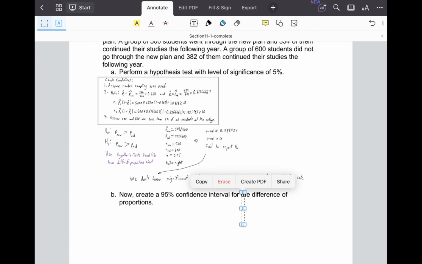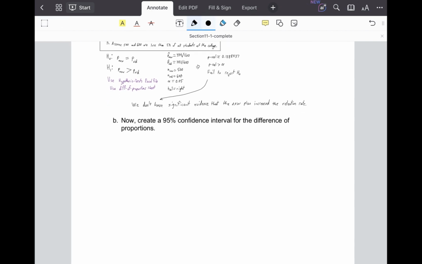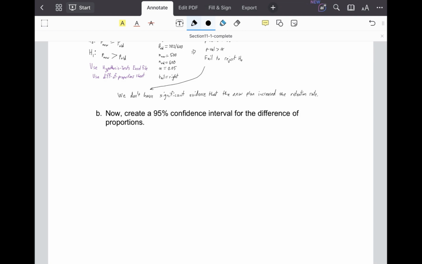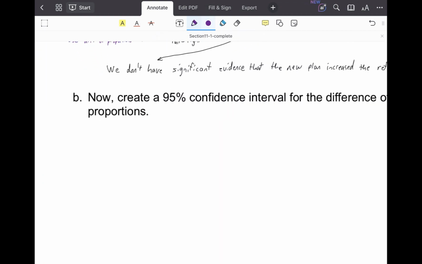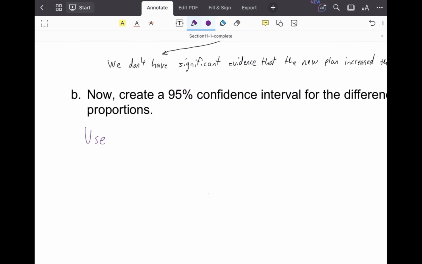Okay, now for this next part, create a 95% confidence interval for the difference of proportions. This is really similar. So right here, we're going to use the confidence intervals Excel file. And we're using the difference of proportions sheet.